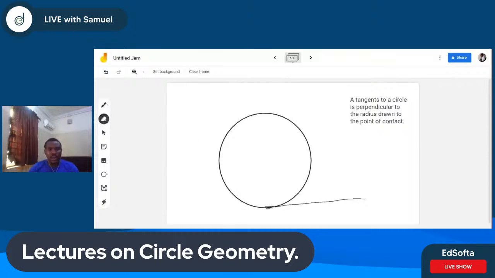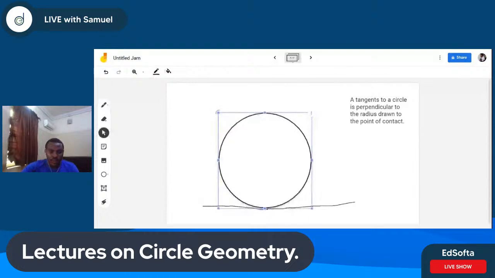It just touches the circle by the side. So if you have this, please bear with me, it might not be very straight.